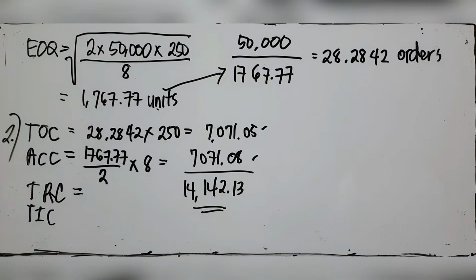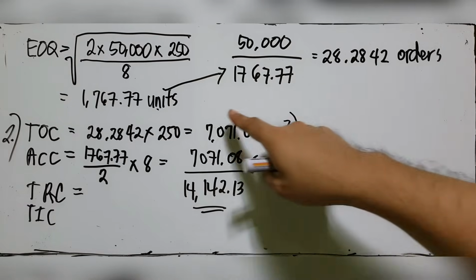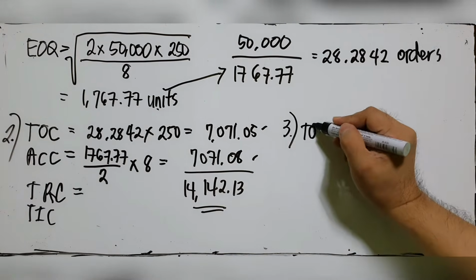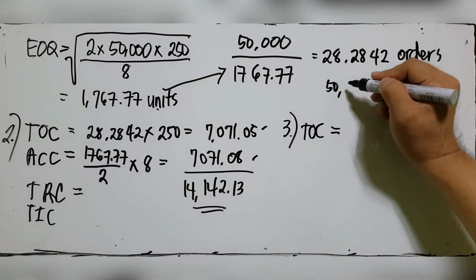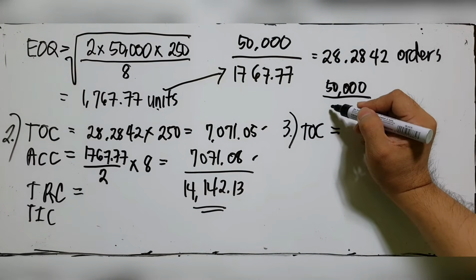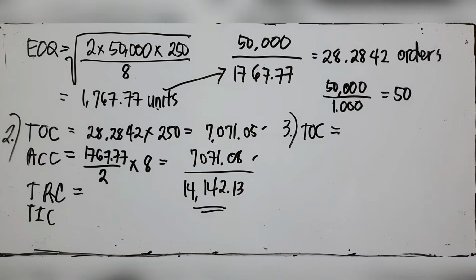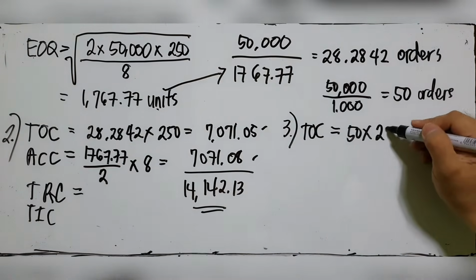Sabi sa number 3, what if ang size ng order is not the EOQ but 1,000 units. So this time, the total ordering cost would be, ilang orders meron tayo? Ang orders natin ay 50,000 units na annual demand divided by ilan ng size? 1,000. So therefore, 50 orders ang meron tayo with number 3. So with that, 50 orders times the ordering cost na 250.